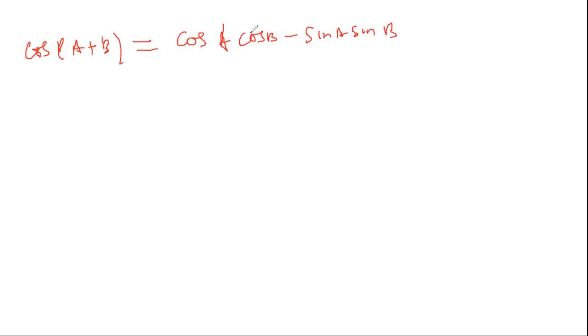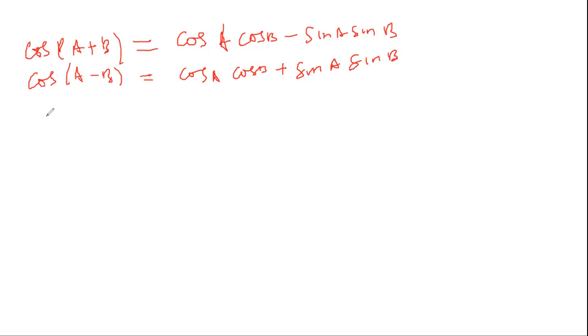Okay. Then cos of A minus B will just be the opposite here. We just change the sign. So this becomes cos A cos B, then we add sin A sin B. Now we are going to add the two and subtract the two.